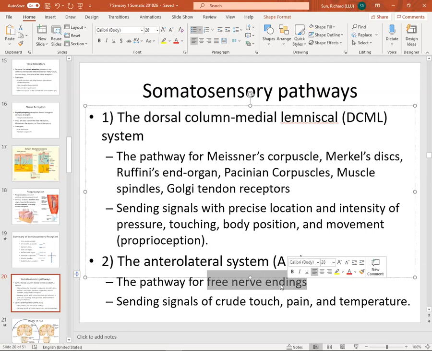And so in contrast to the DCML, free nerve endings provide sensation that doesn't come with precise localization. So when there is pain, sometimes it's very difficult to identify.